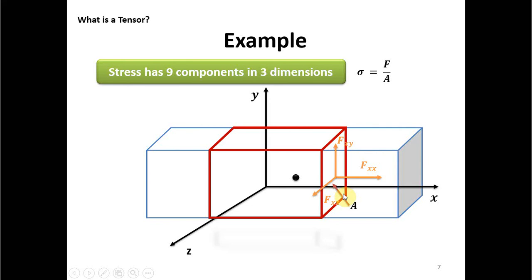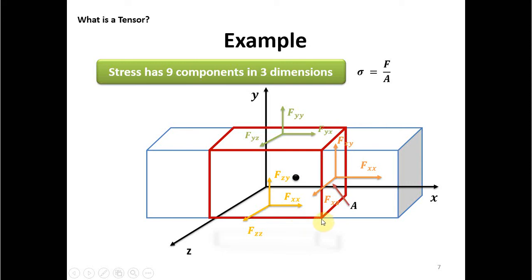Similarly, we can have three components of force on each of the other areas. If you count, we have in total 9 components of force and area together. That's why this stress, sigma, has 9 components: although there are 3 dimensions, its components are 9.